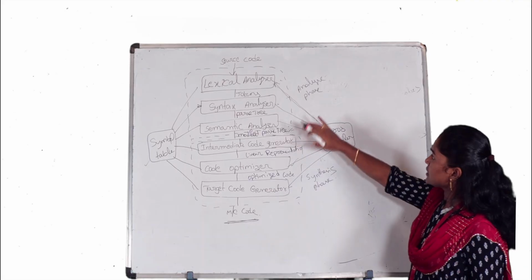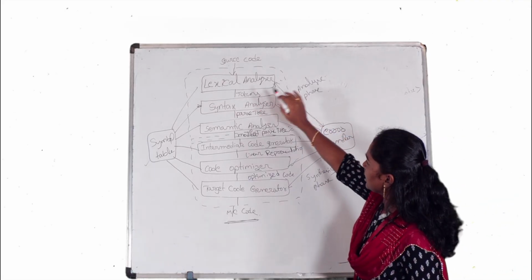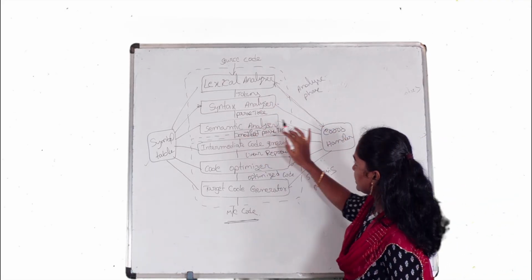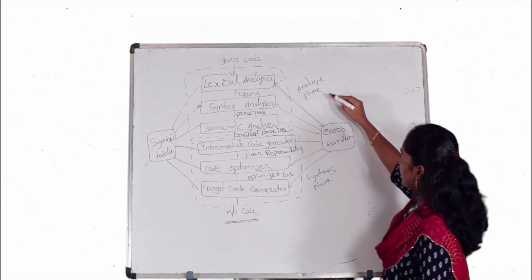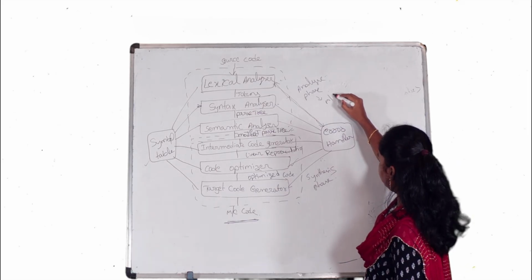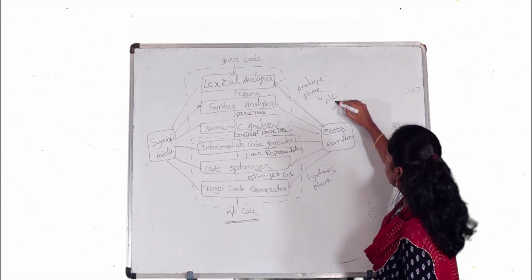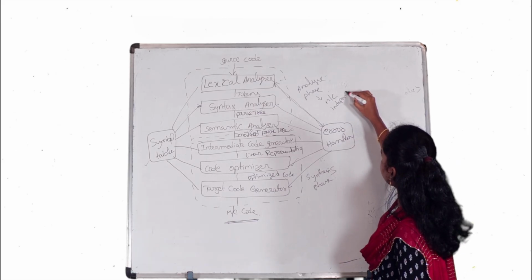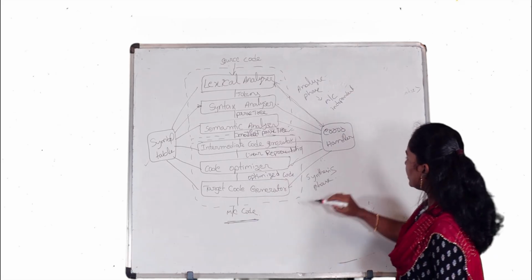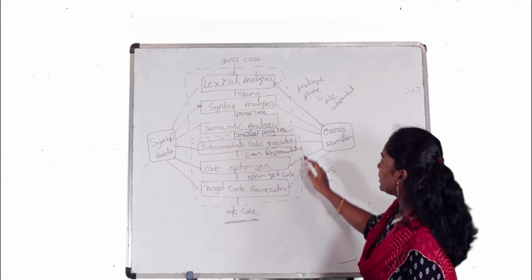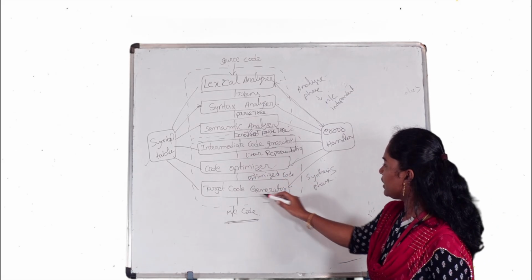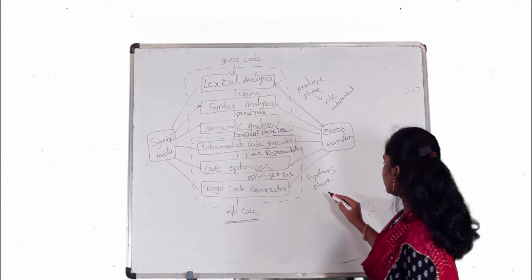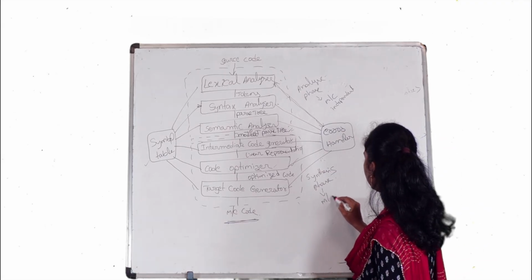The analysis phase contains the lexical analyzer, syntax analyzer, and semantic analyzer. This is also called machine independent. The synthesis phase contains the intermediate code generator, code optimizer, and target code generator. This is machine dependent.